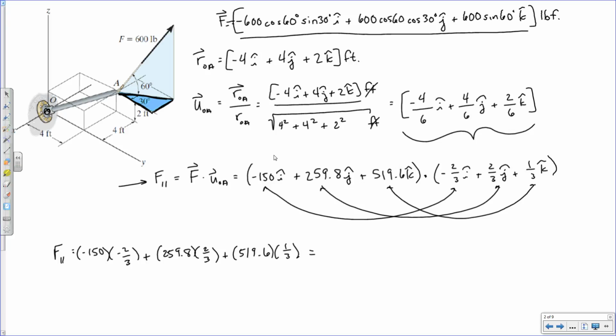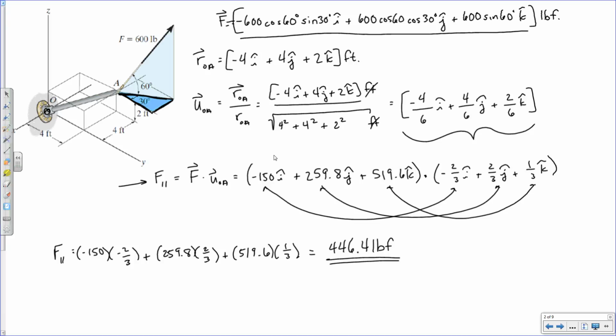The dot product does not yield a vector, so you only get numbers. So negative 150 times negative 2 divided by 3 plus 259.8 times 2 divided by 3 plus 519.6 divided by 3. I get 446.4. The units here are going to be in pound force.